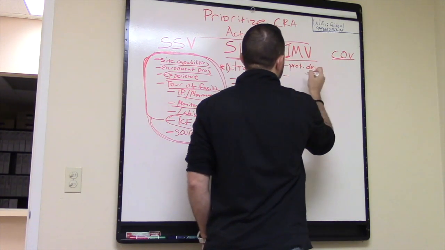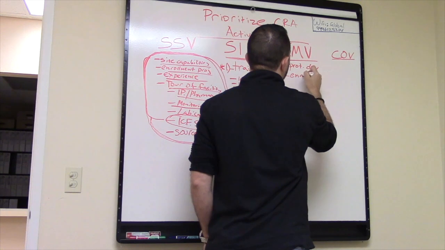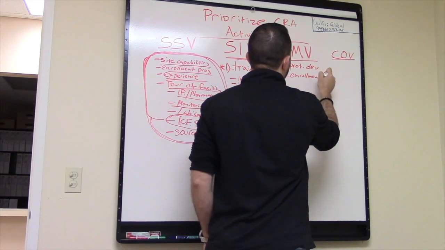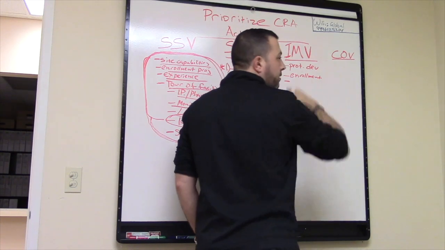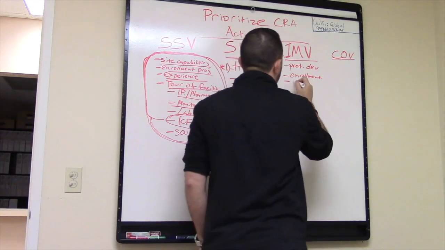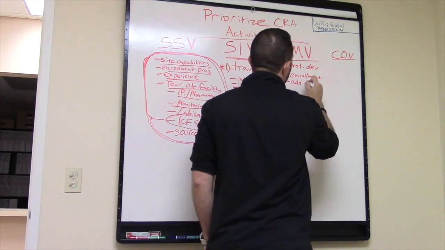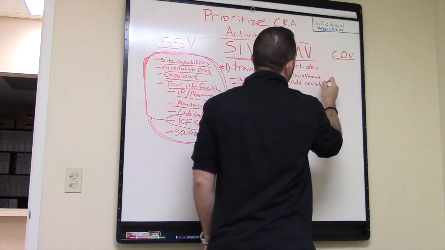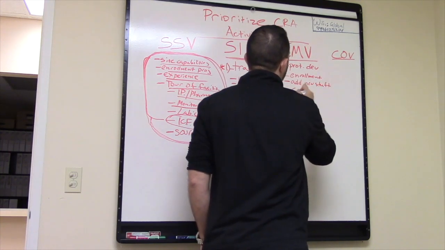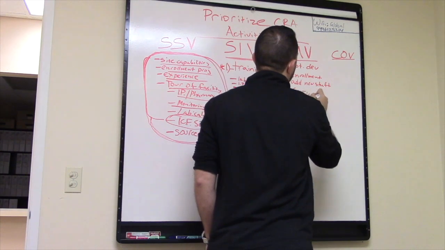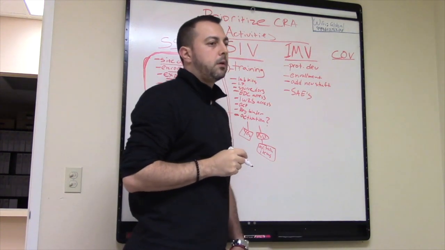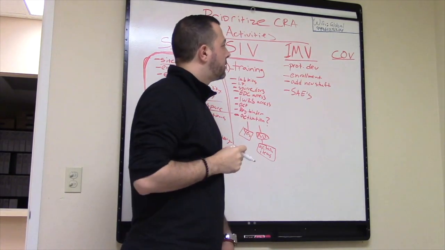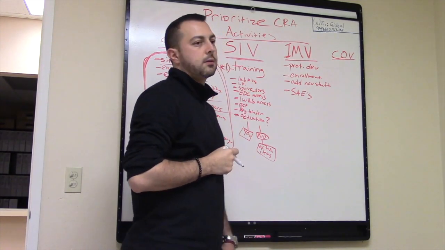Maybe one site hasn't been enrolling. Maybe one site has added new investigators or sub-investigators or new staff. Maybe one site has SAEs that need follow-up. Based on these things, you're going to know where to place your emphasis.